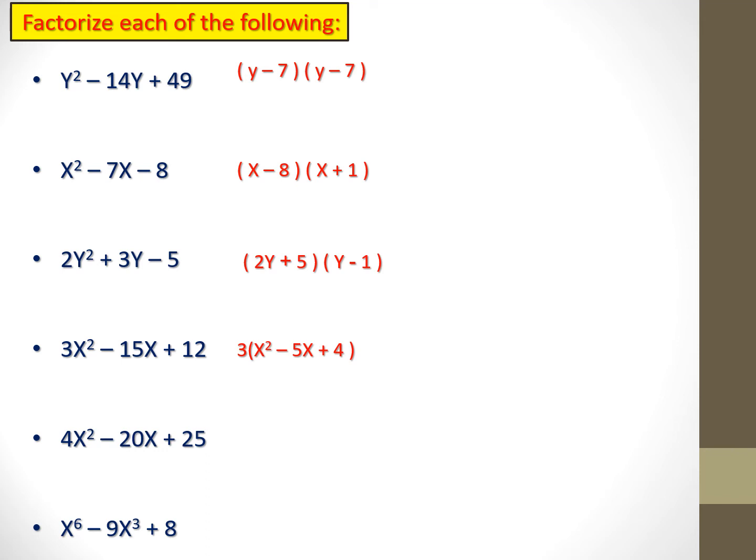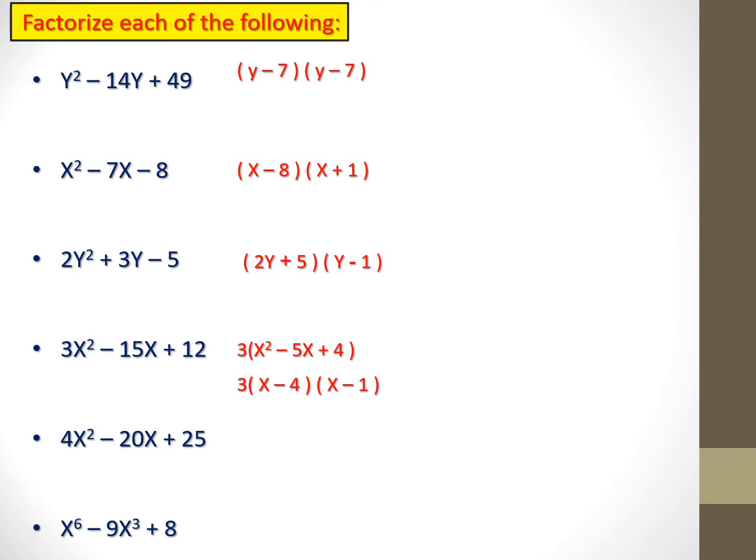The remaining x power 2 minus 5x plus 4, we can factorize as two brackets x and x, and 4 times 1, not 2 times 2, because 2 plus 2 is 4, not 5, but 4 plus 1 equals 5, the middle term. Then it will be 3 times the first bracket, x minus 4 and x minus 1.